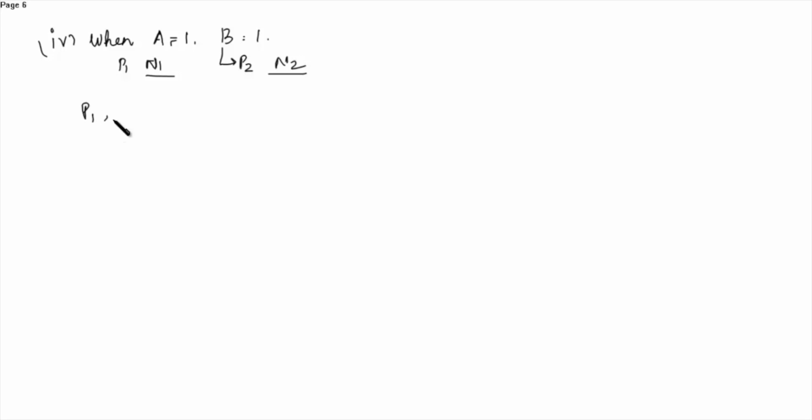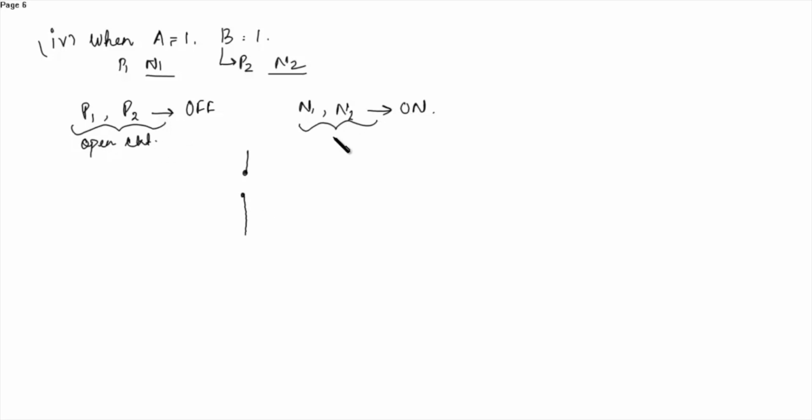So P1 and P2 will turn off, N1 and N2 will turn on. So when both are off, this is represented by open circuit. When both are on, this is represented by short circuit.